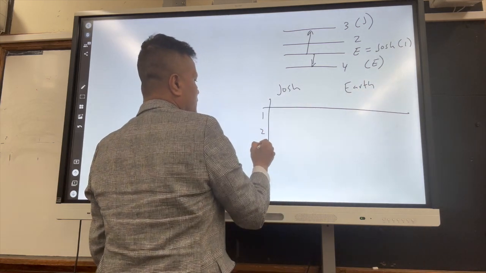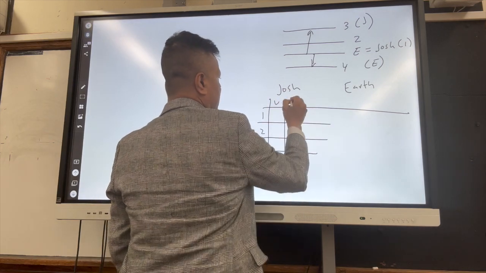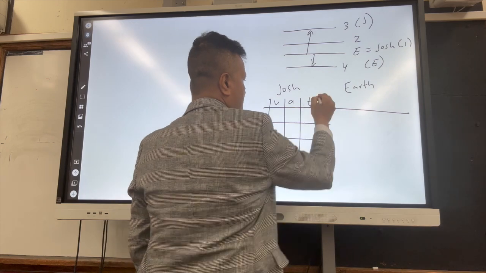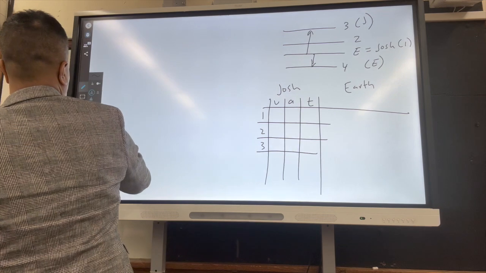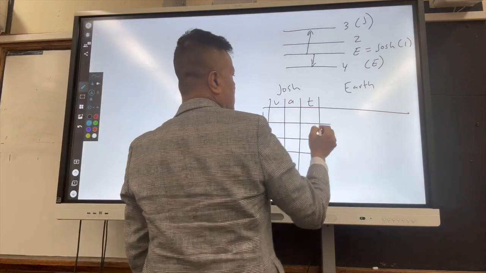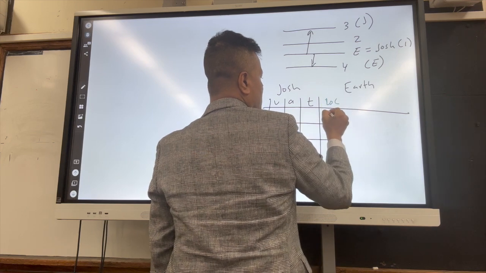Location 1, 2, 3. Velocity, acceleration, time. Let's use a different color for Art. Location 1 and 4.